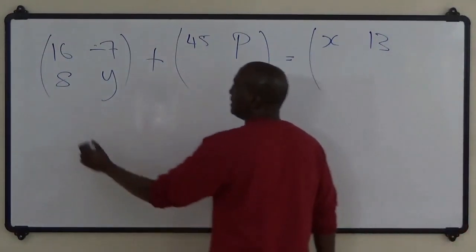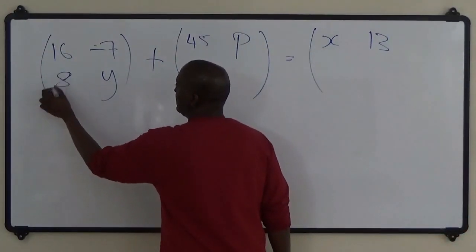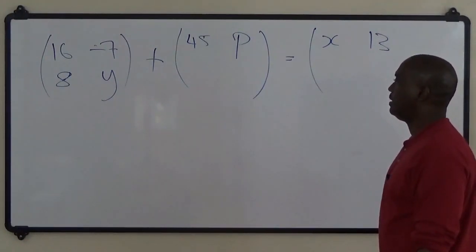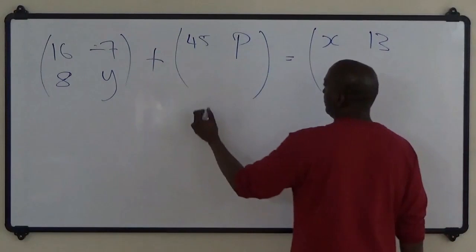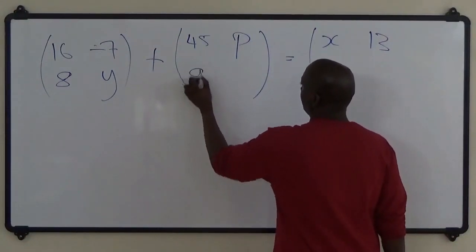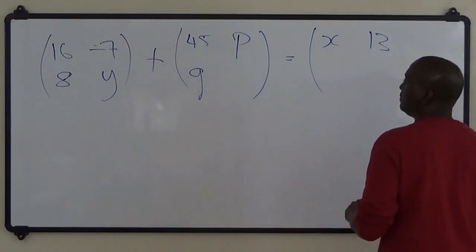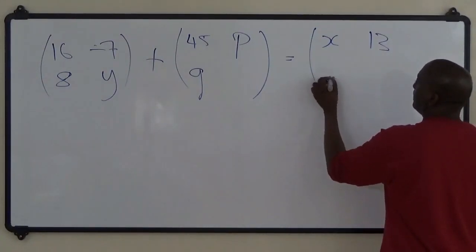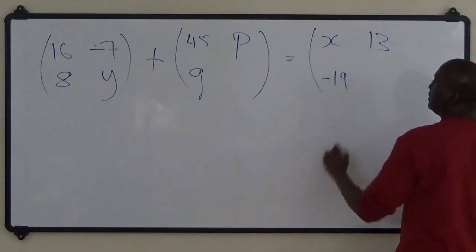So you're getting a little insight into the process of creating a question. Let us say we have x, we have y, we have p, well then we had to have q. 8 plus q is equal to minus 19.